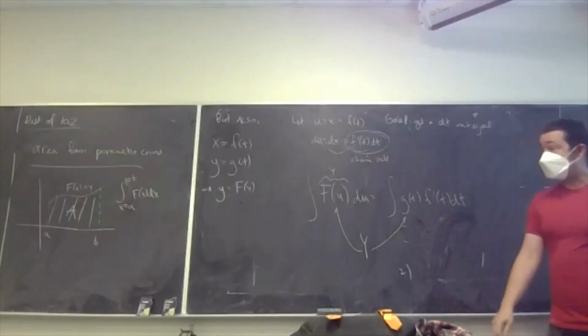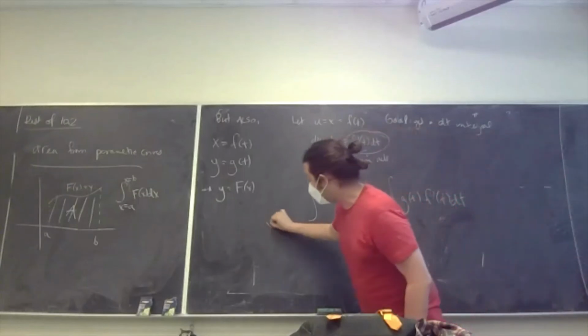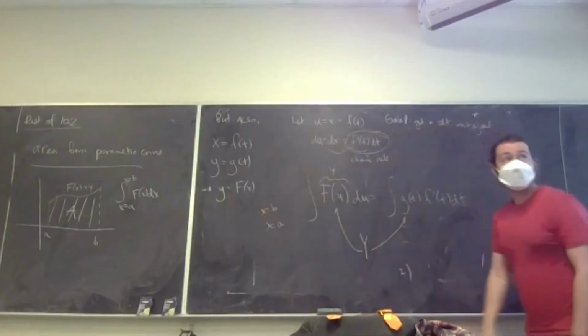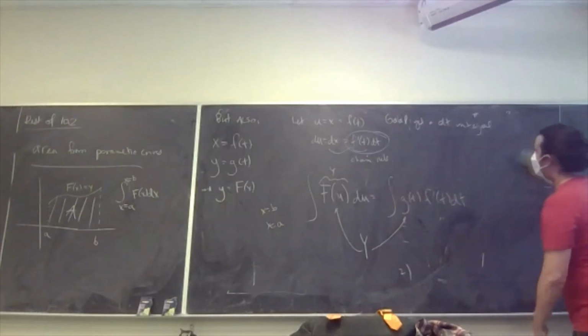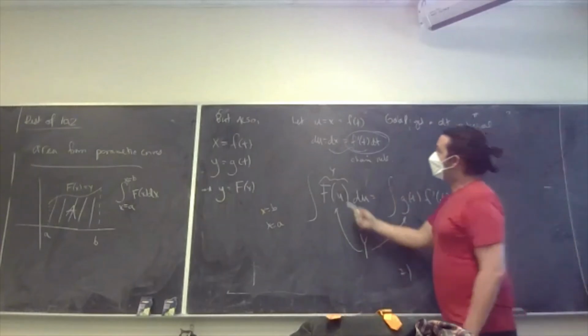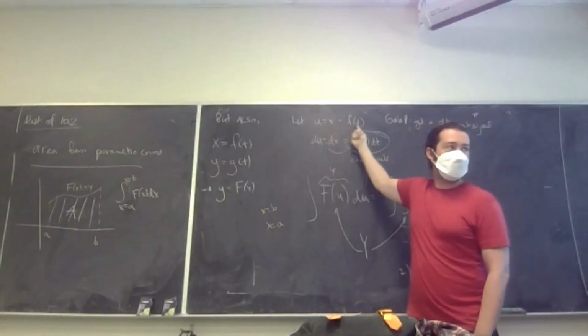Now the last thing I need to do is figure out what to do with a and b, because running around in the background here, I still have x is equal to a and x is equal to b. If you were doing this in a concrete setting that you've seen before, you would plug the a value in for x and solve for the t that made it happen.